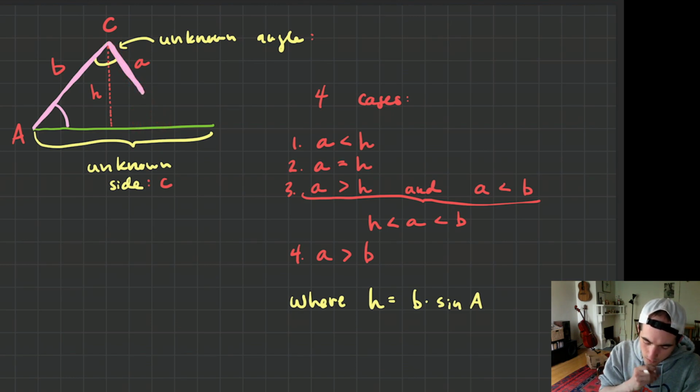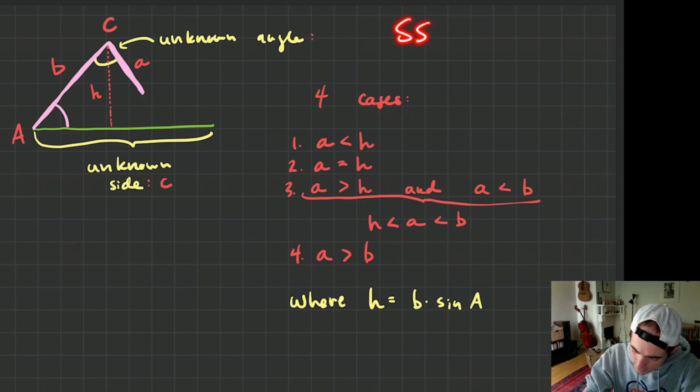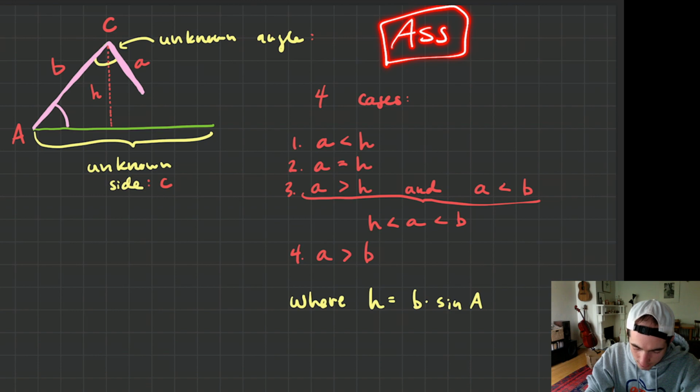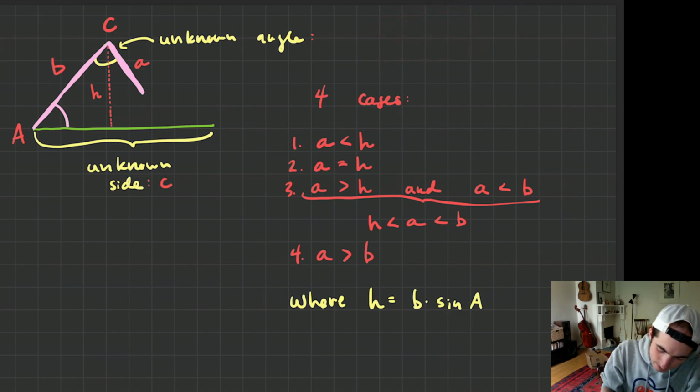So really what we're saying is, I've got this ASS triangle, and that means that I don't know this side. All I know is this angle, and the two sides that are consecutive, right? They're adjacent sides. I don't know this length.